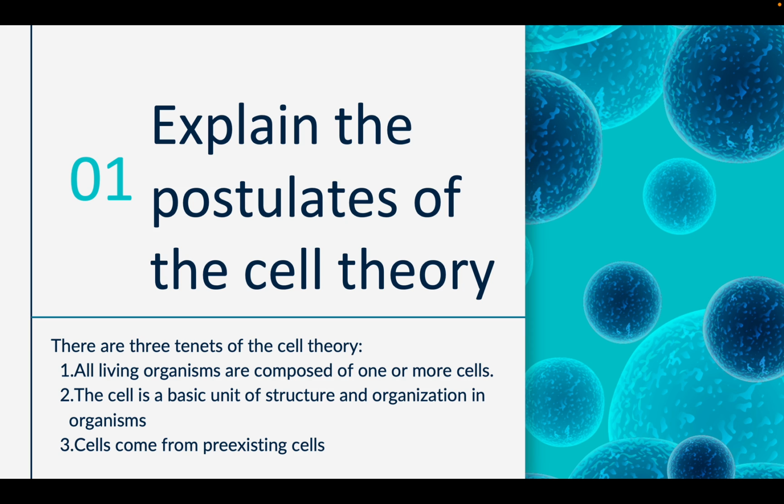Whether an organism is a single-celled microorganism like bacteria or a complex multicellular organism like human beings, it is ultimately comprised of cells. So this tenet number 1 highlights the universality of cells as the building blocks of life.